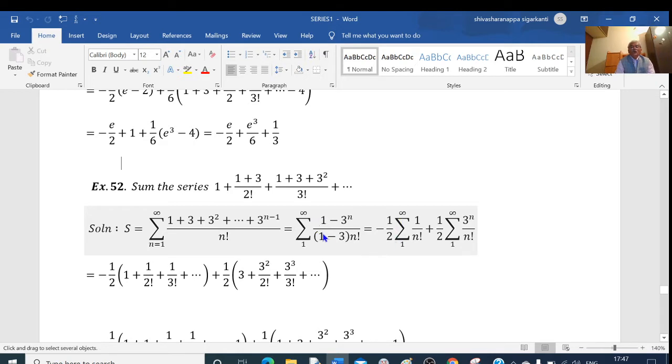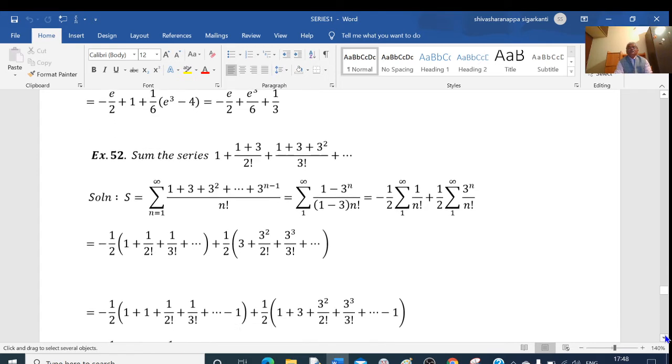This is our 1 by 1 minus 3 is minus 2. Minus 1 by 2 into n factorial plus here, because minus becomes plus, 3 raised to n by 2 into n factorial, 3 raised to n by n factorial. I will write this to outside.